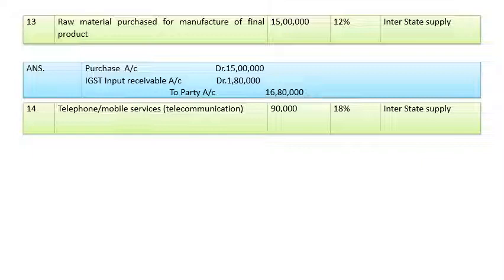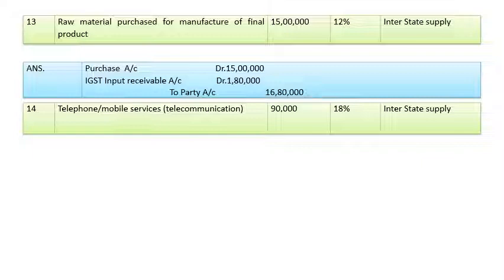whatever GST paid, it is allowed as it is one type of service availed by the company, and credit is available because it is directly going to be used for the business purpose to expand the business or to enhance the business. So that is why we can say that credit is available, and as credit is available, we can record it separately.